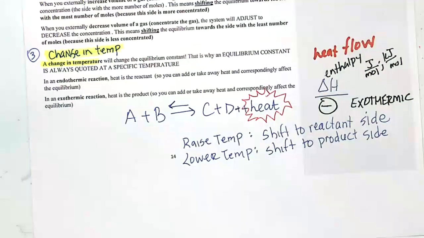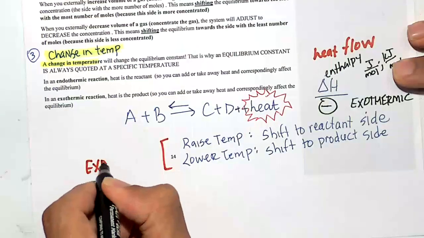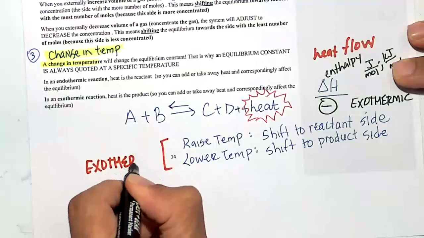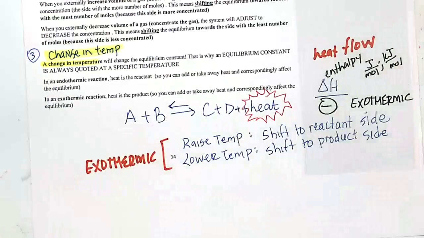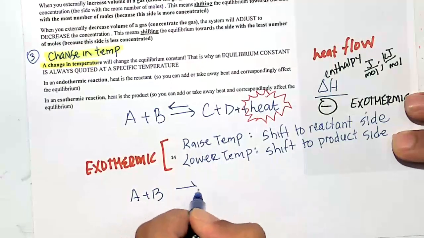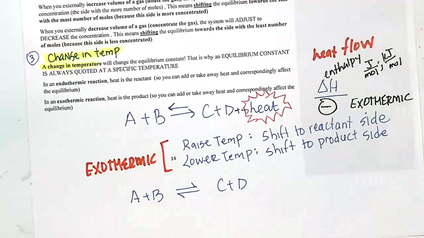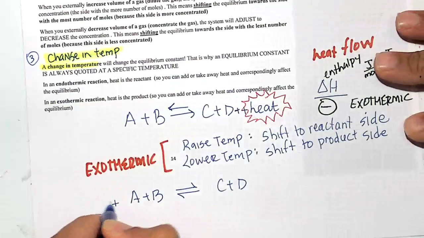Okay, the flip side would be an endothermic reaction. So what would be an endothermic reaction? It will be the opposite of this. So A plus B goes to C plus D, and where will heat be here?